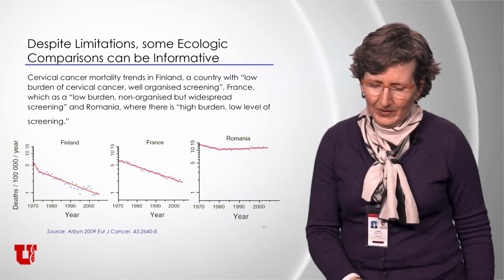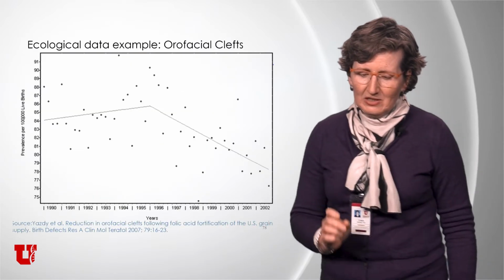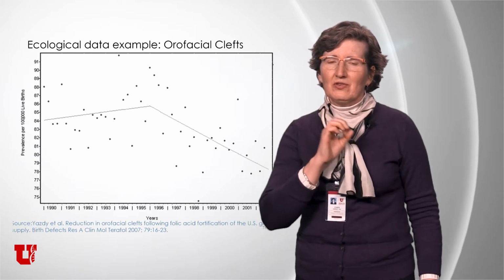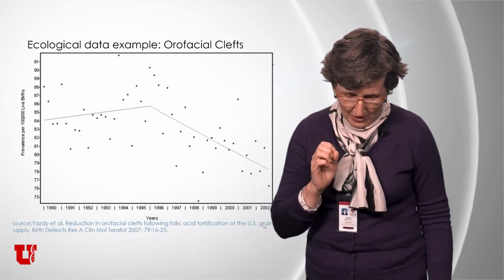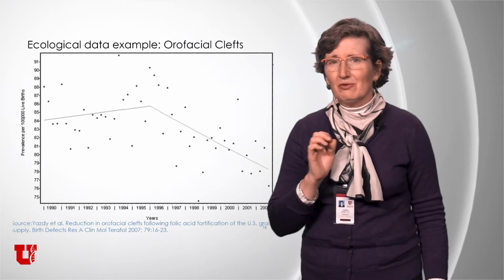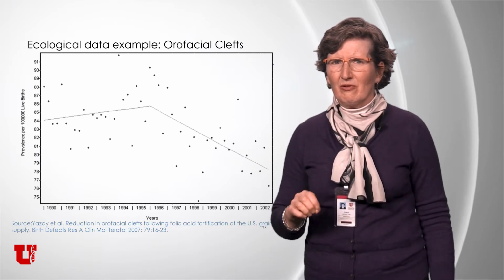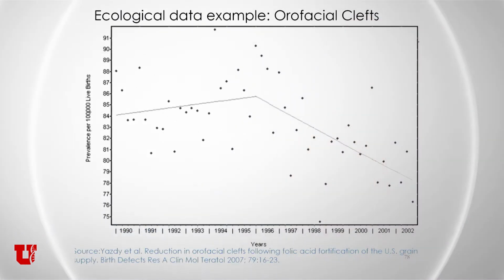So one more ecological data example. Actually there were other types of studies with good cause and effect evidence for association between folic acid in the diet and orofacial clefts as a birth defect. After the United States, based on other studies, implemented folic acid fortification, people did some ecological studies to see if the incidence of orofacial clefts actually went down.